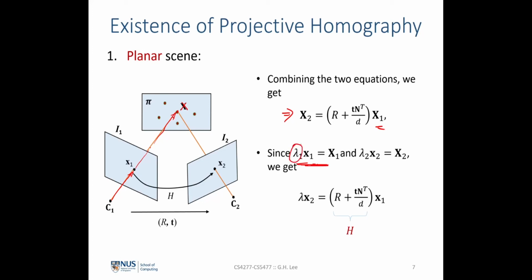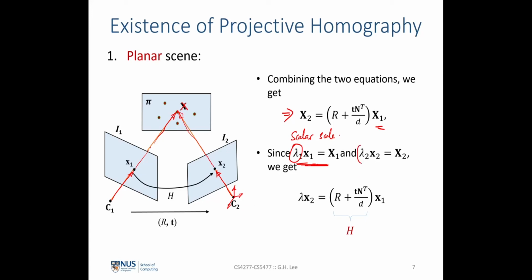So lambda here is actually a scalar, a scale that I scale up x1 such that I can scale up this vector of x1 into x over here. So similarly for x2, I would also be able to scale this vector x2 over here, with respect to the frame at C2, such that it becomes the same as the 3D point in the frame of C2.